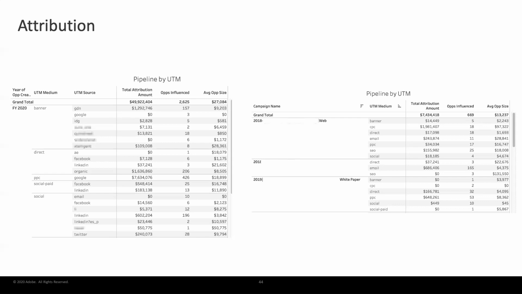So being able to look at things overall for the total year and then drill down by medium and source, and what that total came out to as far as attribution amounts, opportunities influenced, total op size, and also looking at that from a campaign perspective or pivoting this with tactic and then medium. There are a lot of different ways that you can slice and dice this data, but this is the ultimate output of having the base that we've talked about and then layering attribution on top of it and also pulling in a BI tool.